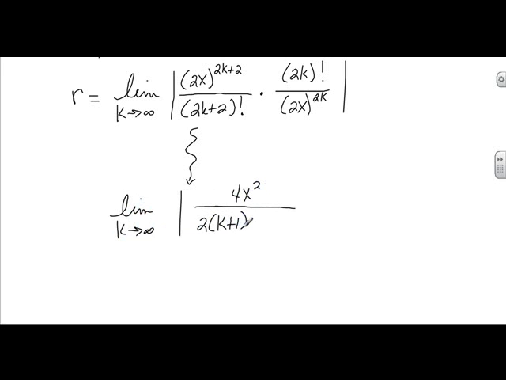And this is how I'm looking at it. I can reduce the 2 and the 4, and as far as we're concerned right now, x is constant, so we can pull out the absolute value of x squared and just look at the limit as k approaches infinity of 2 over k plus 1 times 2k plus 1.